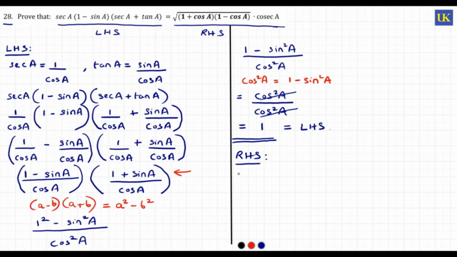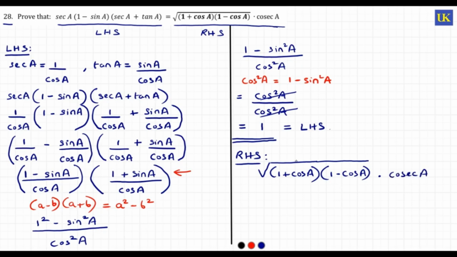So what we have in the RHS is under root 1 plus cos A into 1 minus cos A, and outside the square root we have cosec A.